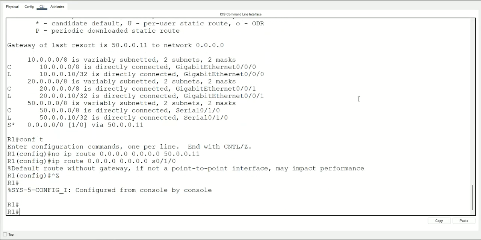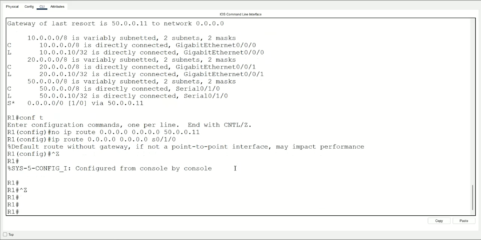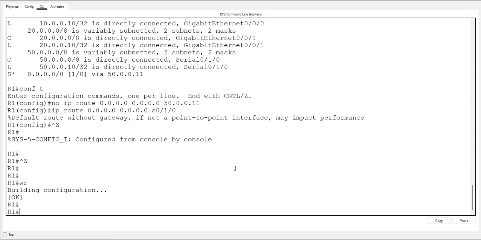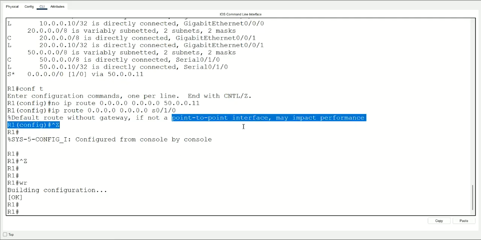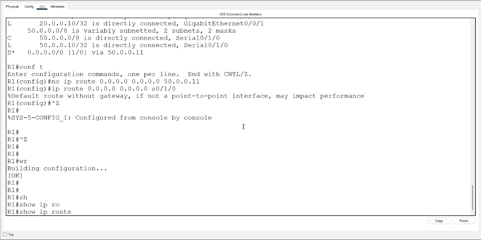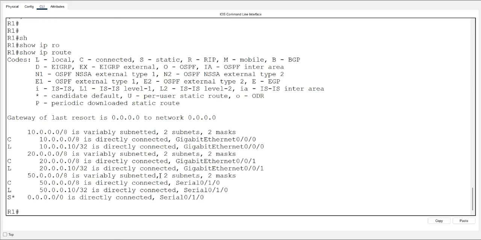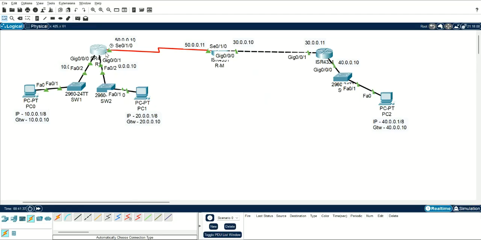Now just ignore this message. It says if you have a point-to-point connection you can do this. We have only point-to-point here. So show IP route. Look at this. Only two routers here; it starts here and ends here, this wire is point to point.